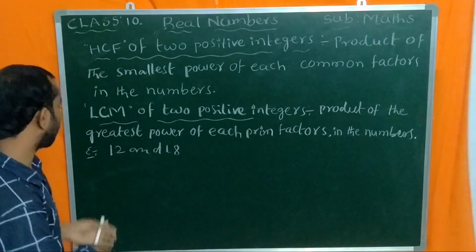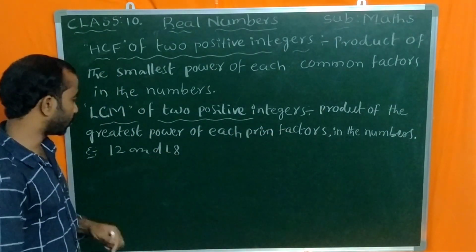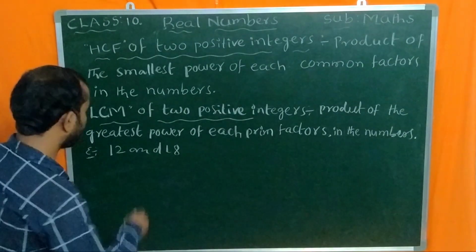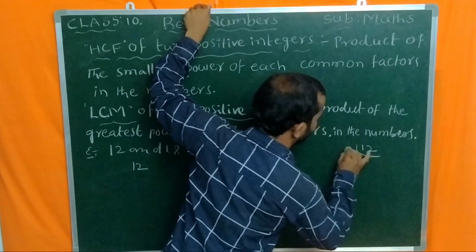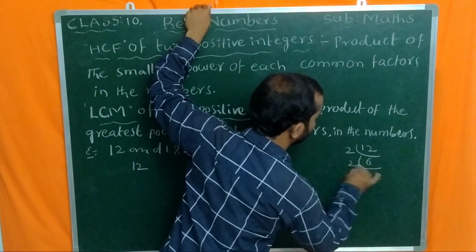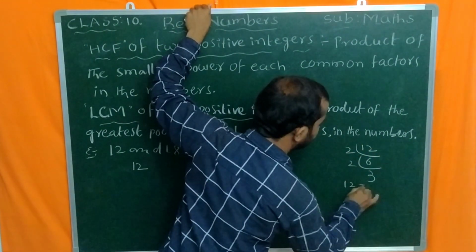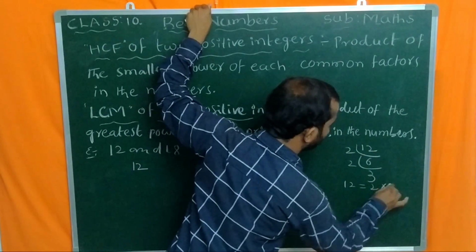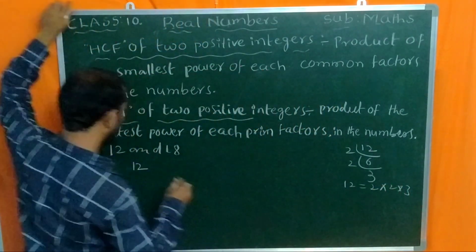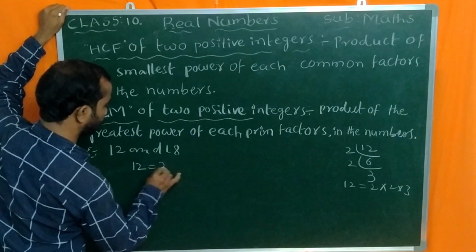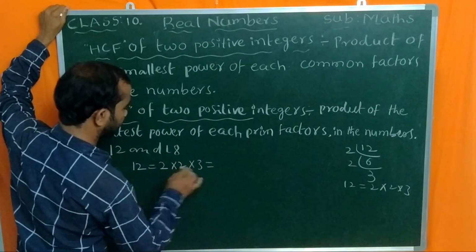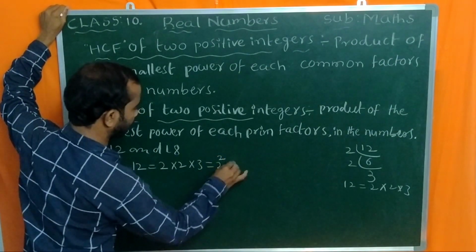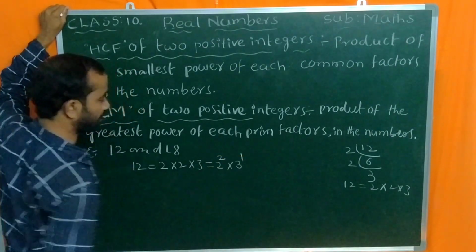For example, take the two integers 12 and 18. 12 is written as 2 into 2 into 3, so 12 equals 2 power 2 into 3 power 1.